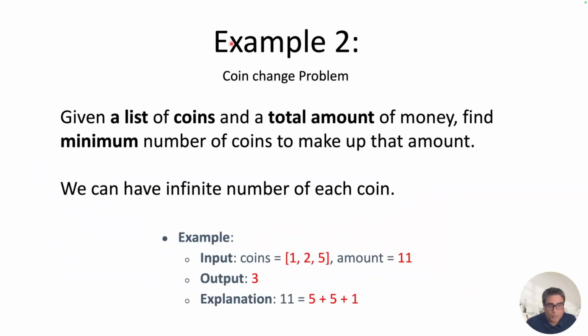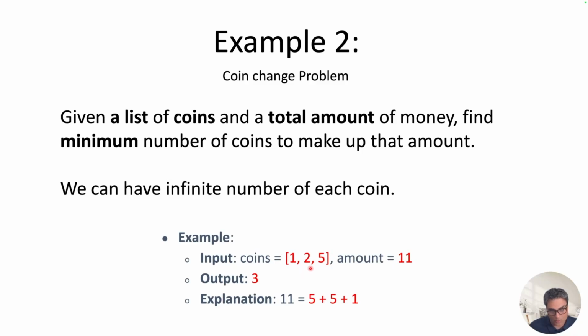All right, let's see a more complicated example, the coin change problem. This is a very famous dynamic programming problem and also a recursive problem. So given a list of coins and a total amount of money, find the minimum number of coins to make up that amount. You can use each coin infinite number of times. Here's an example. I have coins with values of 1, 2, and 5, and I want to build up the value of 11.